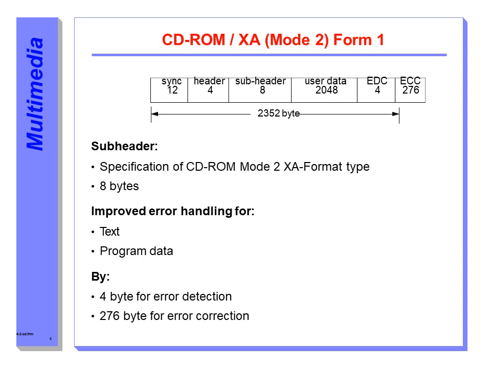In form 1, the extended architecture format in CD-ROM mode 2 provides improved error detection and correction, like CD-ROM mode 1. Sorry, 4 bytes are required for error detection and 276 bytes for error correction.